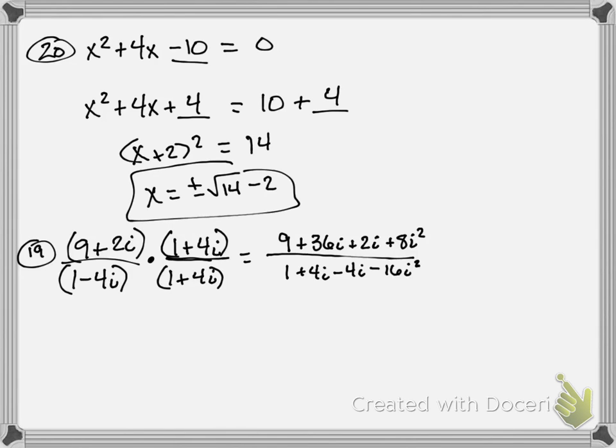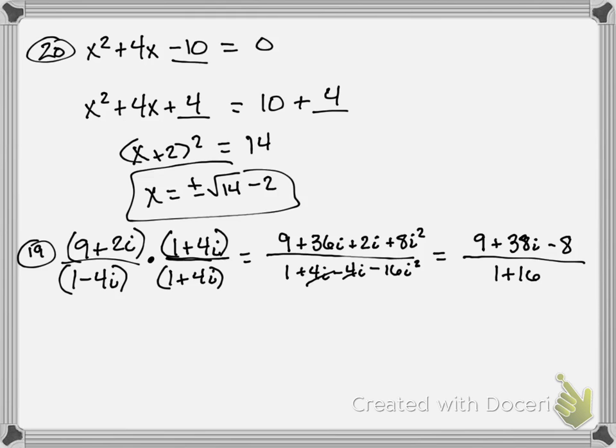Okay. What does that go to? 9 plus 38i minus 8. And then on the bottom, these cancel. 1 turns into plus 16.